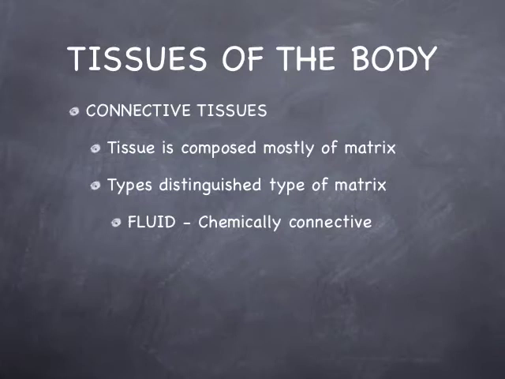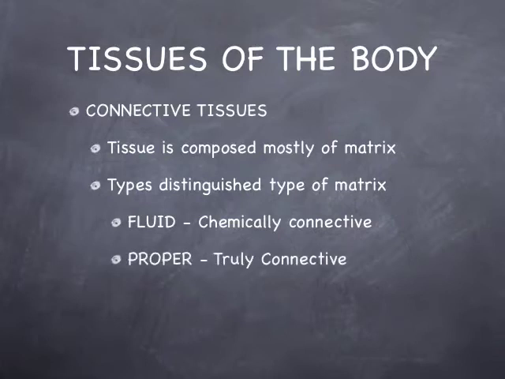All of that through the bloodstream. Every cell survives by its connection to the blood. So this fluid really chemically connects. Every chemical in the human body is kind of shared with everything else because it all is transported through the bloodstream.